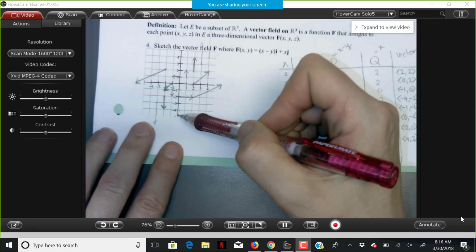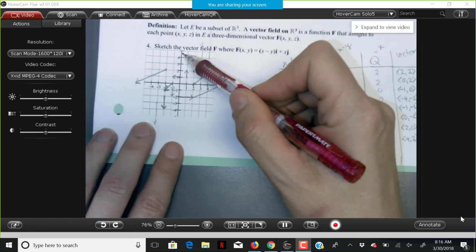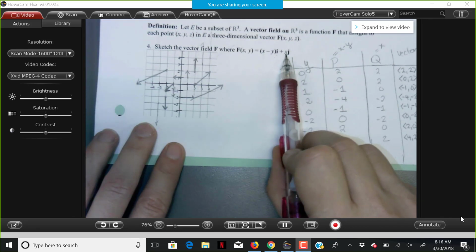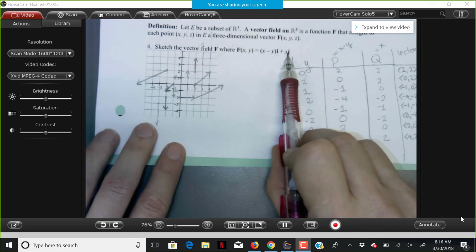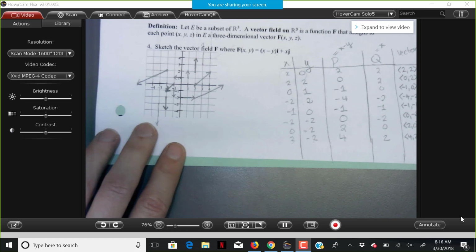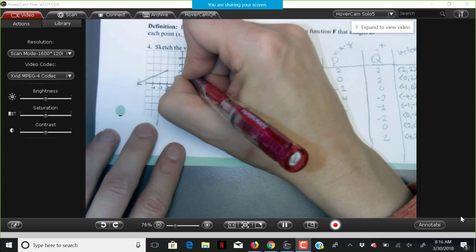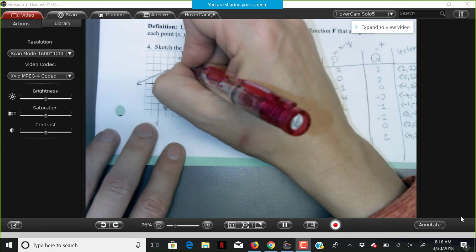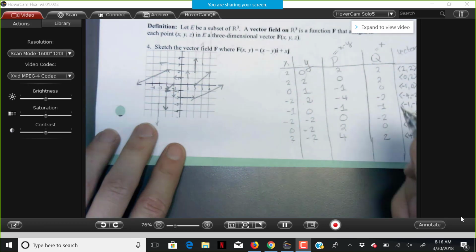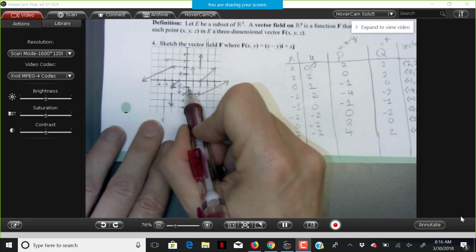Then when we're on the y-axis, the x is 0, which means the second component will always be 0, which means there's no vertical part to it. So they're all horizontal, right? And if the x is 0 and the y is positive, then it's going to the left, and they just keep getting longer and longer. And in the bottom half, they go to the right.